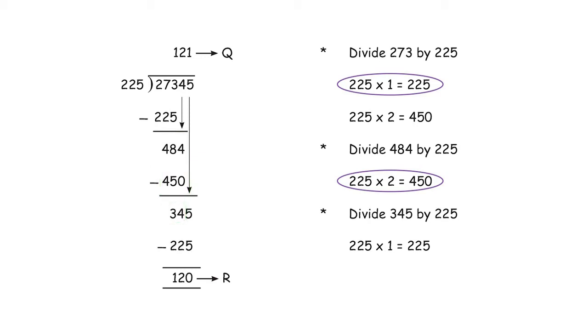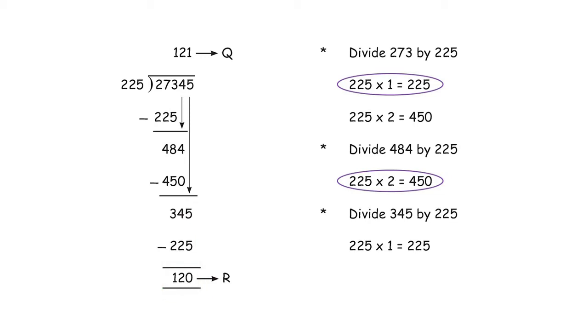Now bring the last digit 5 down. The last step is to divide 345 by 225. 225 into 1 is 225. That is the number closest to 345. So the final subtraction, 345 minus 225 will give you 120. So that's your remainder.